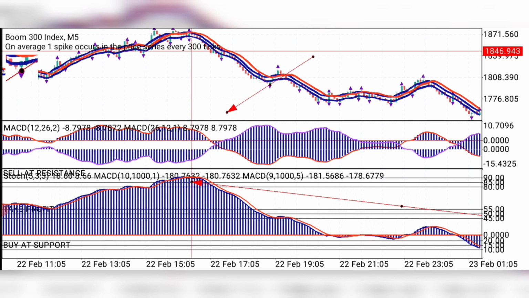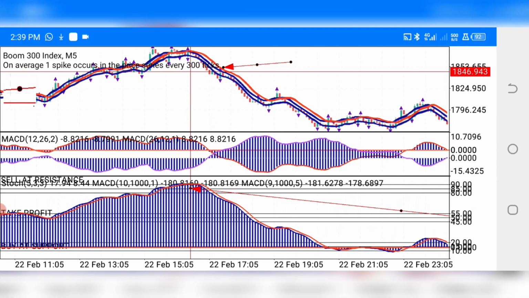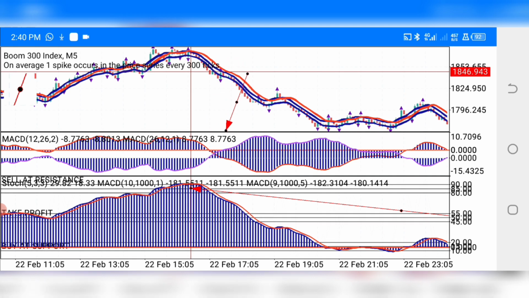The crossover happens at the same time the market moves across this line, which is the same time the market is changing trend.